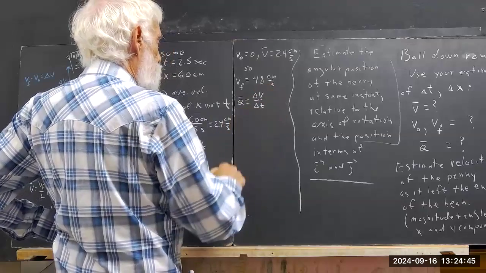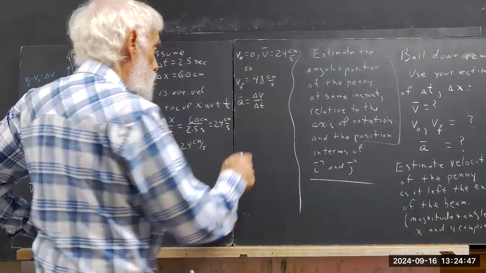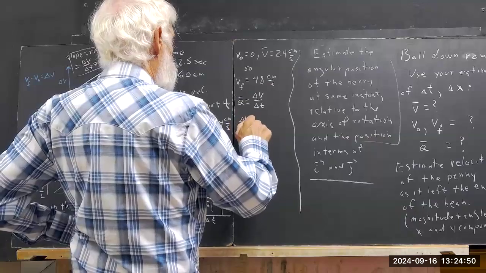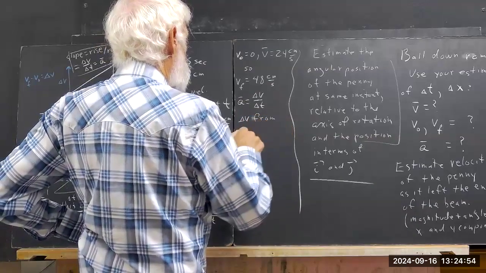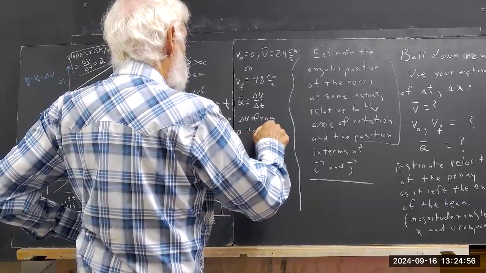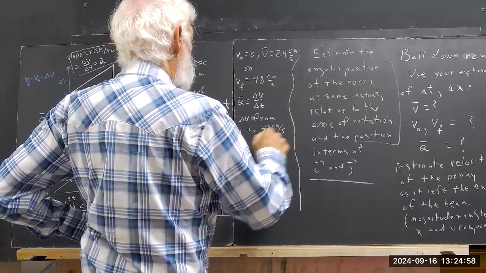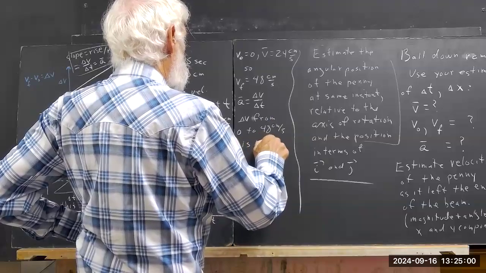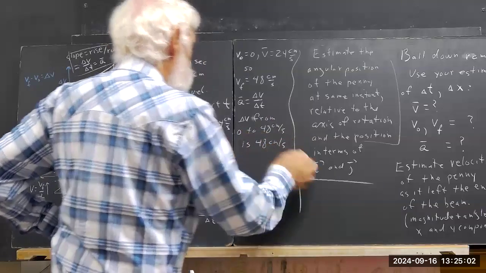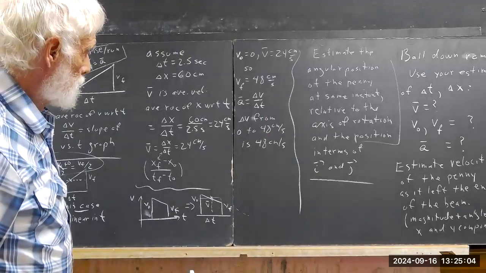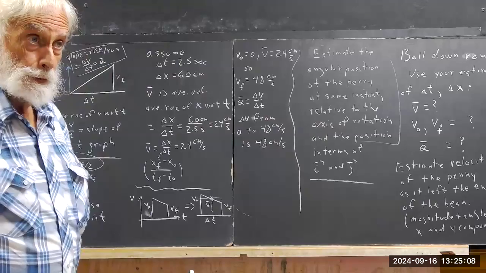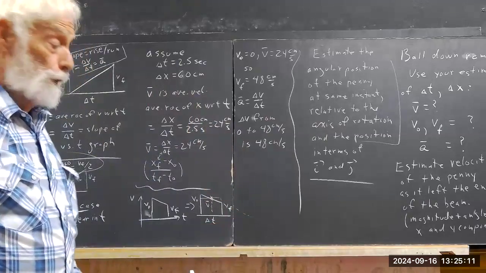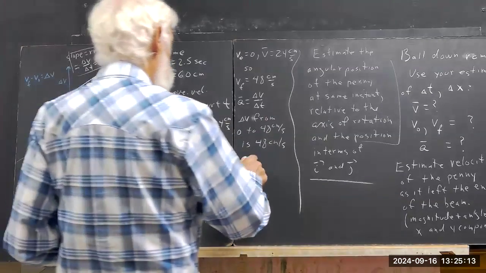Average acceleration is delta V over delta T. Delta V is 48 centimeters per second, since you're going from 0 up to 48 centimeters per second.